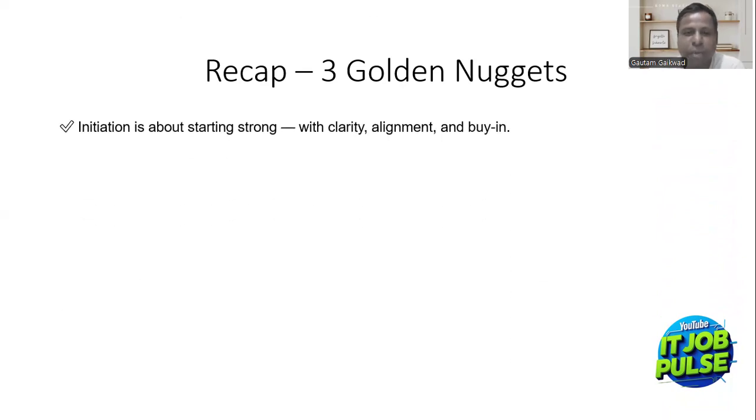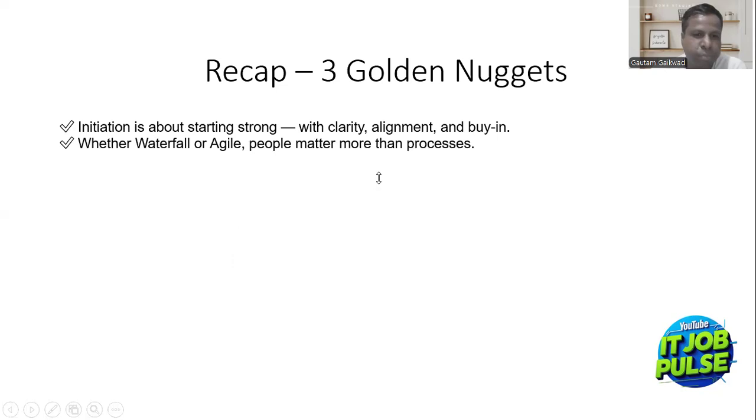So now it's a recap. Three golden nuggets. Initiation is about starting strong with clarity, alignment, and buy-in. Whether waterfall or Agile, people matter more than processes, definitely, because ultimately it's the people who make the project successful, and ultimately we are working on a project for people.